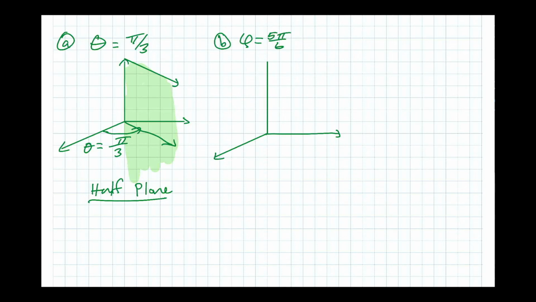And you measure phi from the positive z-axis down to the angle. So if you draw this for the negative z-axis, phi equals 5 pi over 6 is like here all the way down to like here.